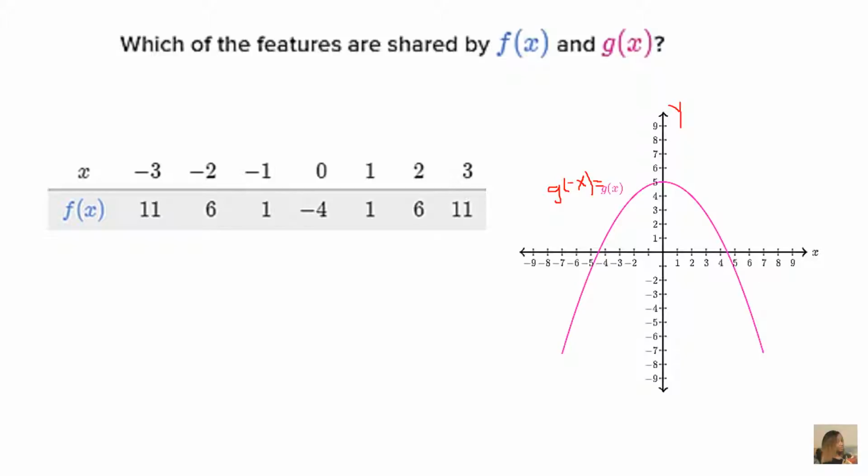A function is even if and only if g of negative x is equal to g of x, or f of negative x is equal to f of x, for all x in the domain of f, okay? And a function is odd if the graph of the function is symmetric with respect to the origin.